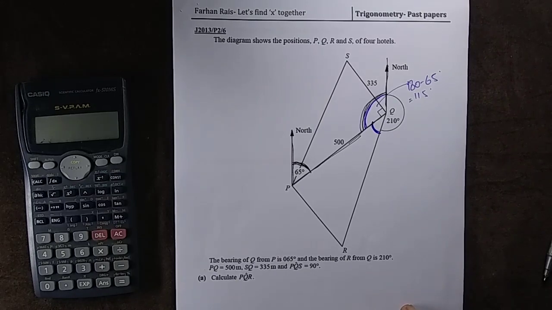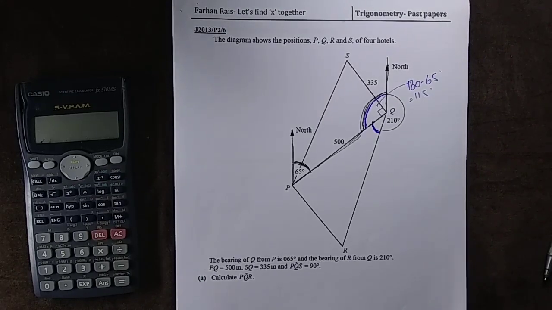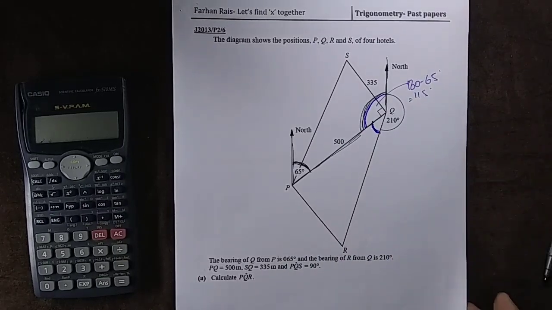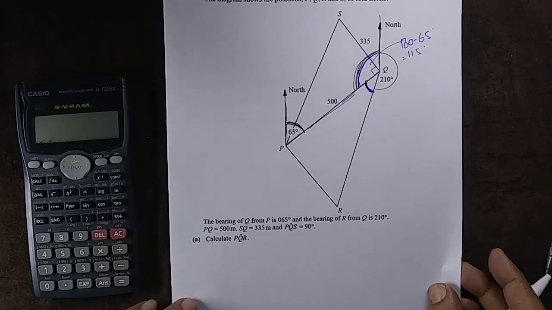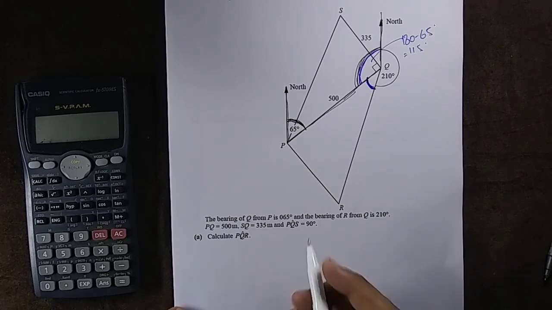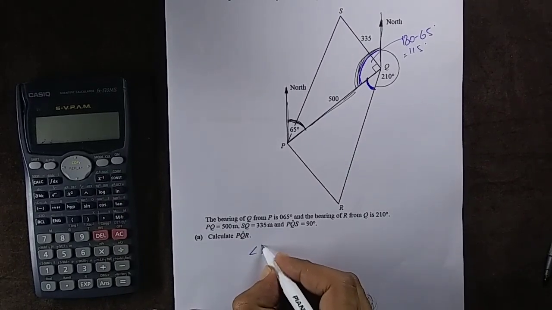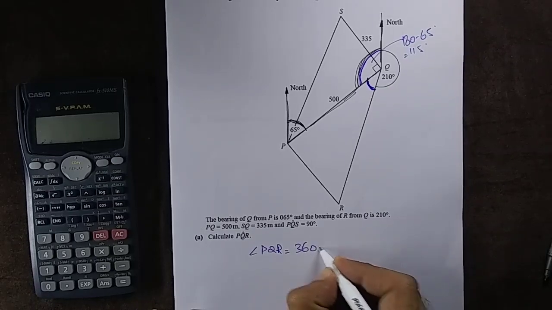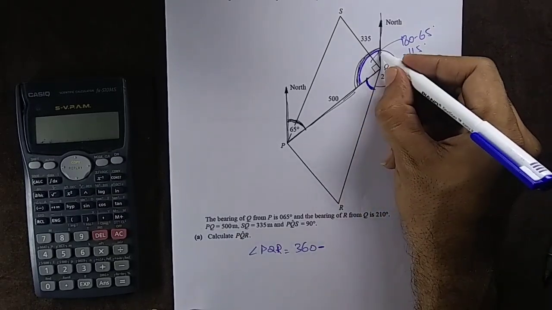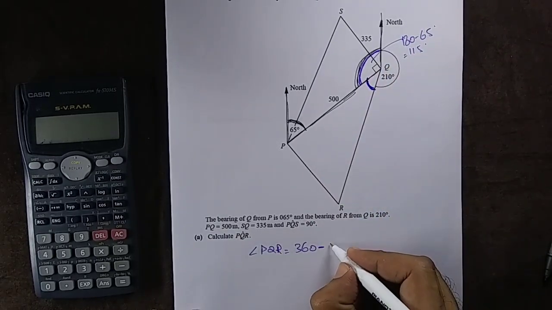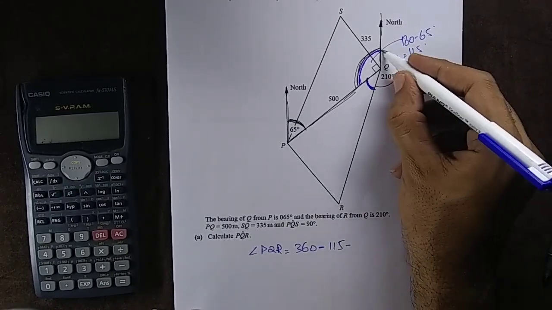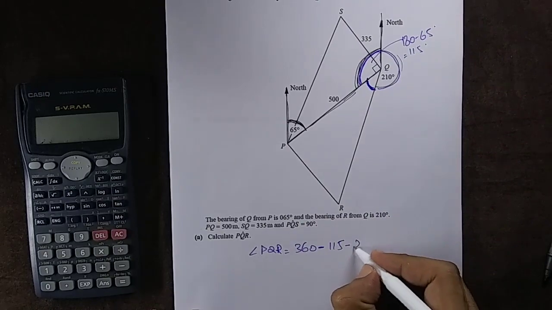Right? So this required angle PQR can now be calculated using the concept of complete rotation. So angle PQR would be equal to 360 minus this part, which is 115, minus this part, which is 210 degrees.